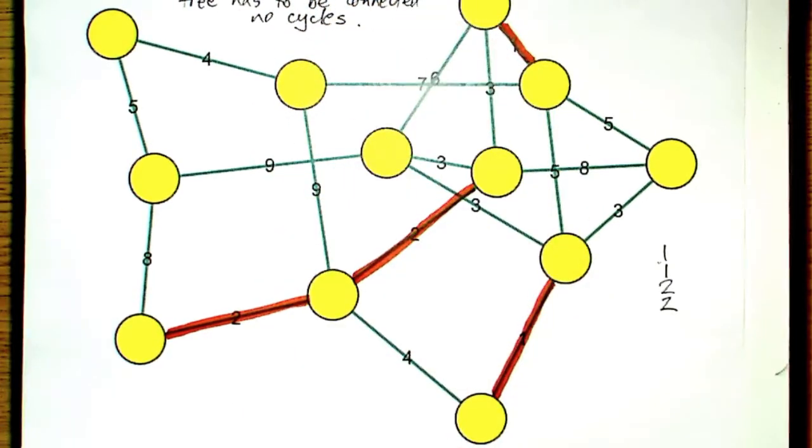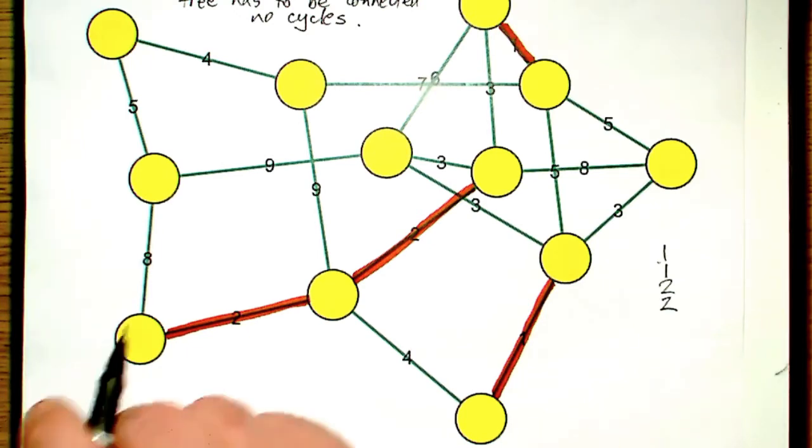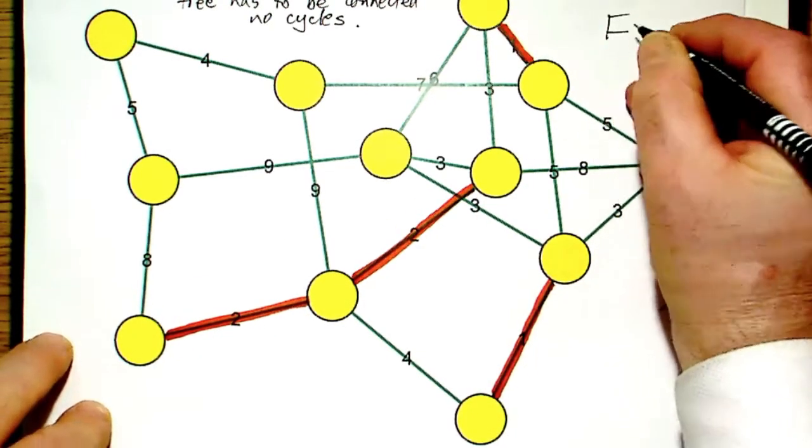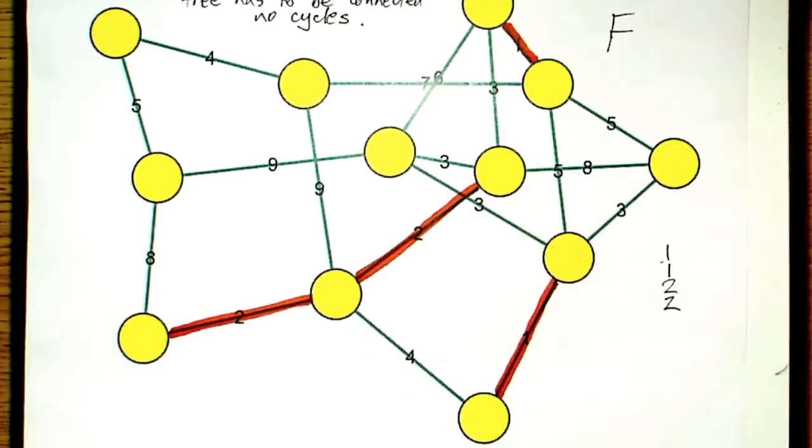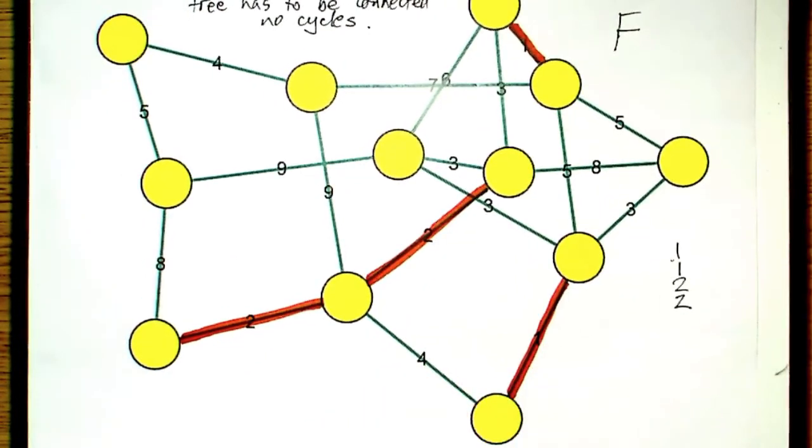It's not a tree, it's a forest. A graph each of whose components is a tree is called a forest. So this is a forest, that's why I called it F. You keep growing this forest until it all comes together. It actually has 3 trees, rather simple trees.